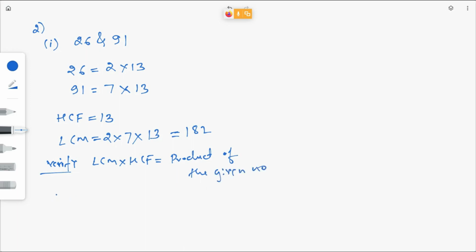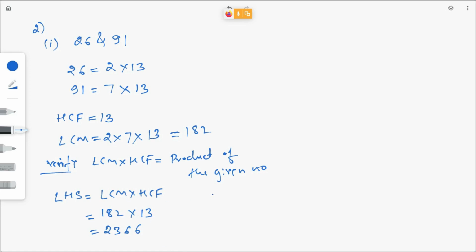So first write the left hand side. What is our left hand side? LCM into HCF. So what is LCM? 182 into 13. How much will you get? 2366.